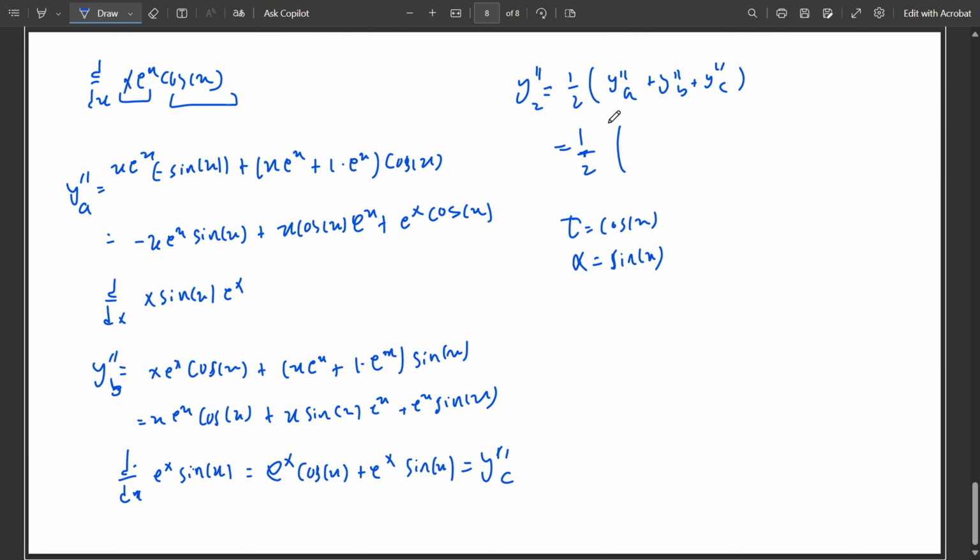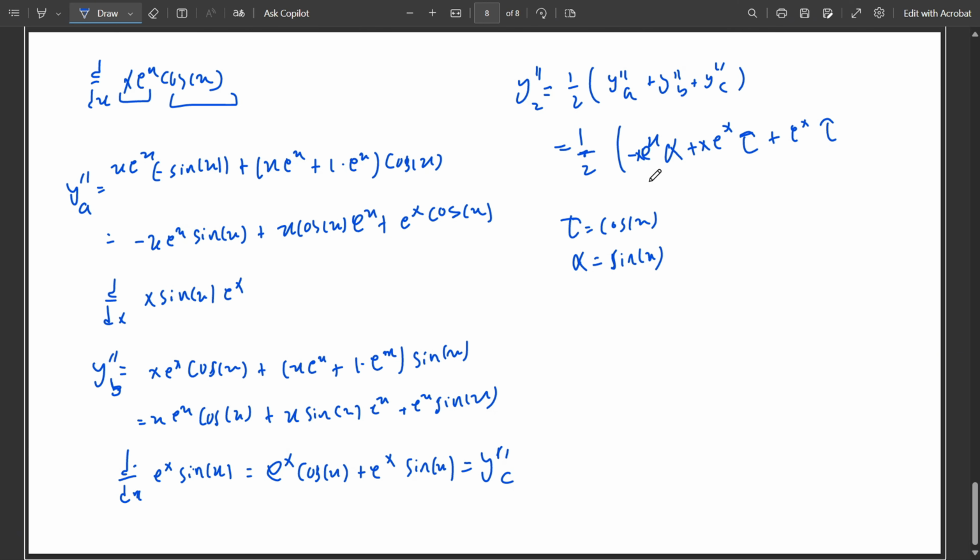We have a half times our y double prime of a. So we have negative x e to the x sine of x, which is our alpha, plus x cosine of x, x e to the x tau, and plus e to the x times tau. Next we have y double prime b.